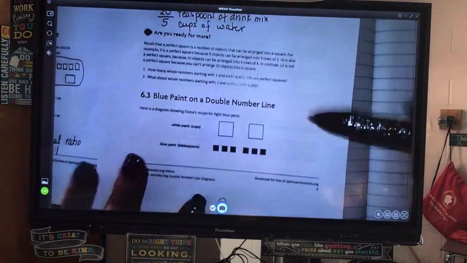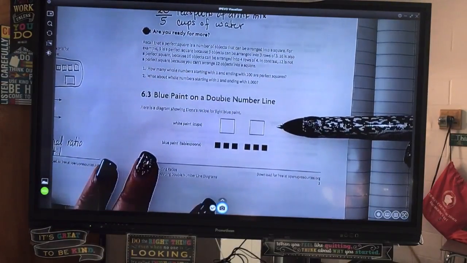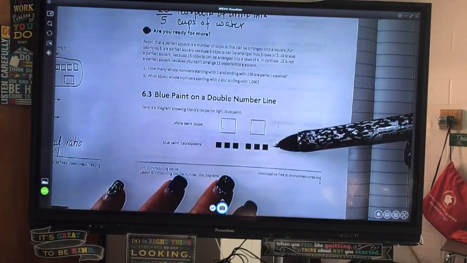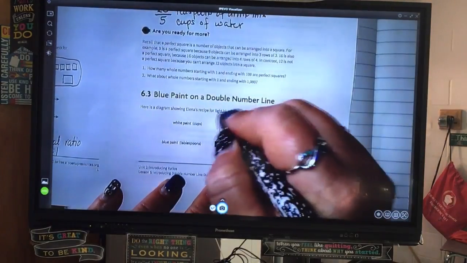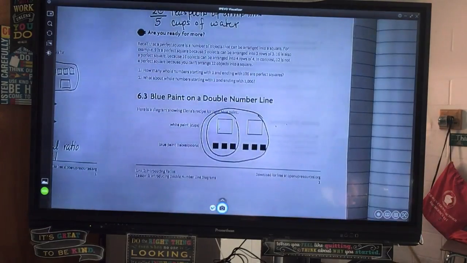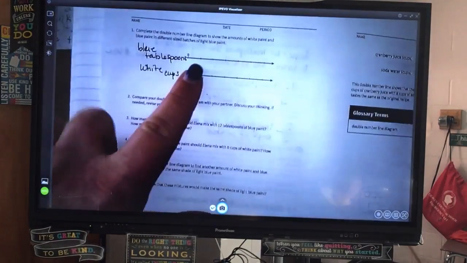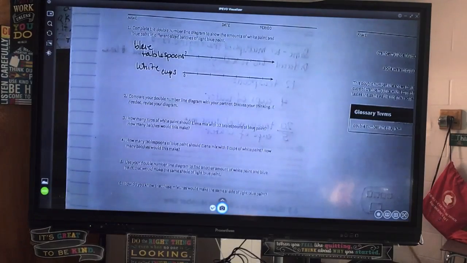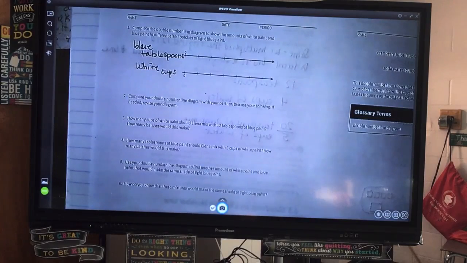So this is the picture that we are looking at, right? The top is the blue, the bottom is the white. So you can either do it by 1 or you can do it by 2, however you want to start. So again, I'm going to ask, what number goes on top if blue tablespoons is what's on top? Ronnie. 1, 3, or 1, 3. Guys, look at what you're doing.